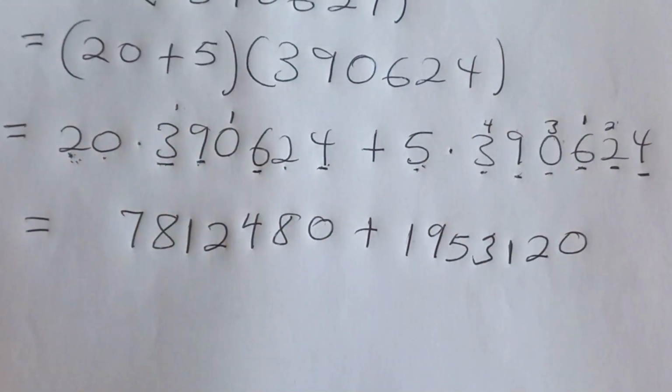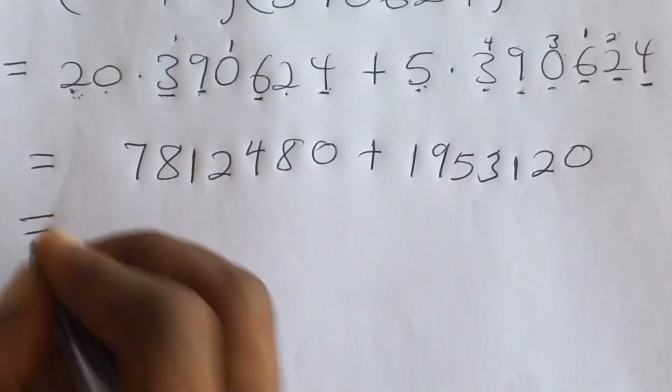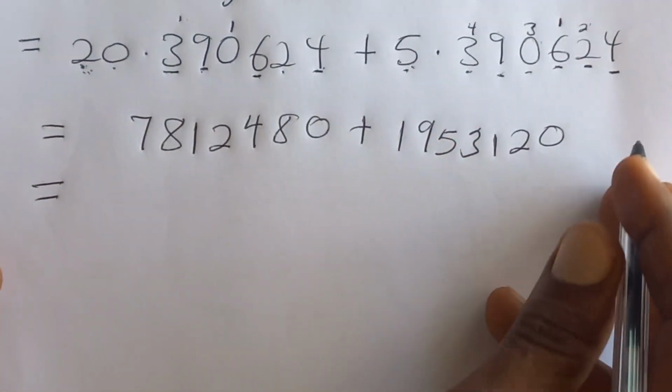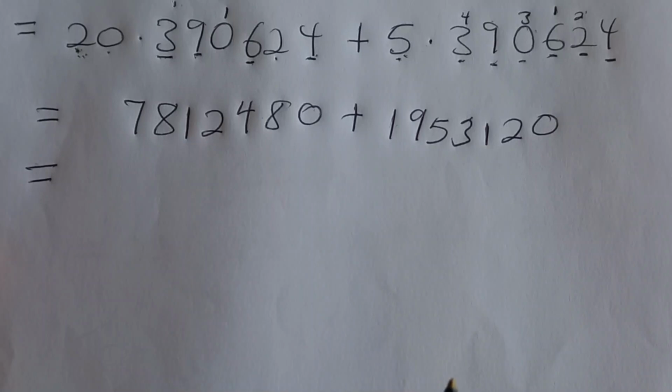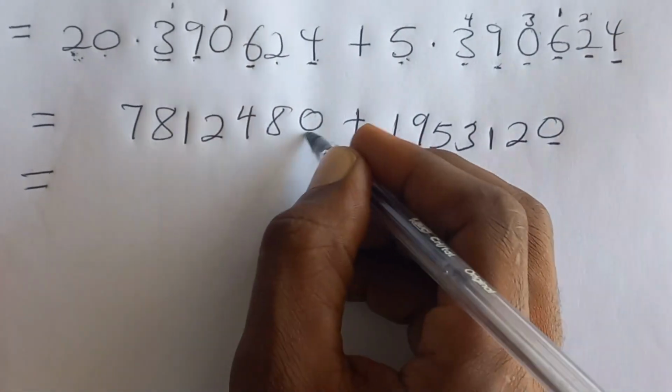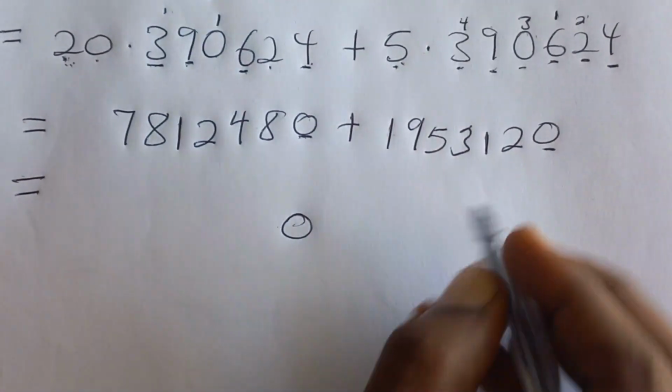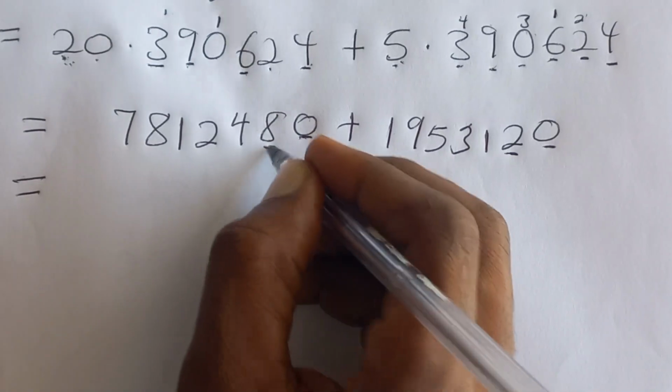So we have this, which is equal to, now we have to add these two together. So you have 0 plus 0, we are getting 0. 2 plus 8 is 10.